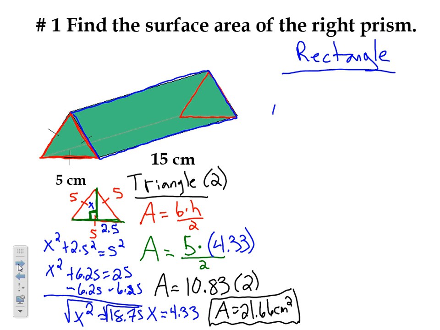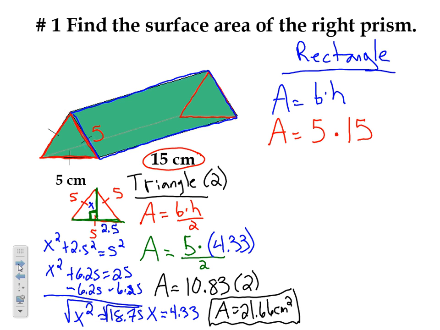I have to find the area, which is base times height. Now, if I look at this, I know my height is this 15 right here. So area equals the base, I'm not sure about, but my height is 15. Now, if I look at my base, I know my triangle, all my sides are 5, so my base is 5.